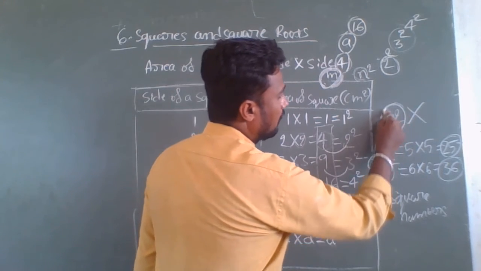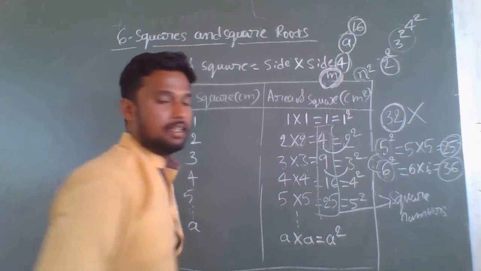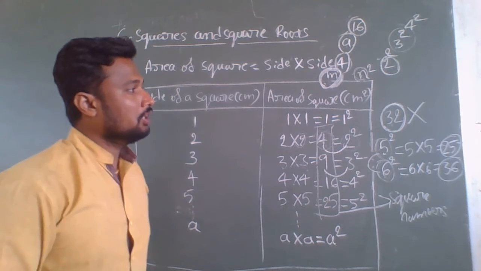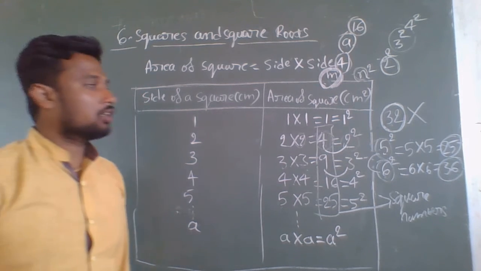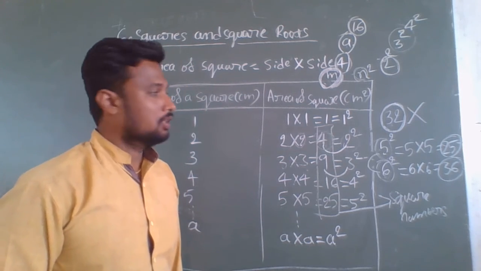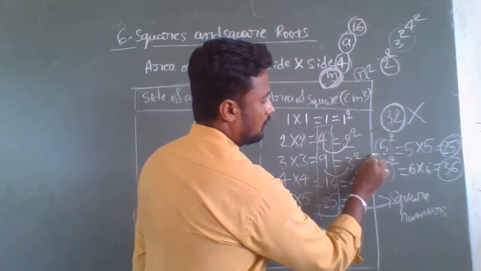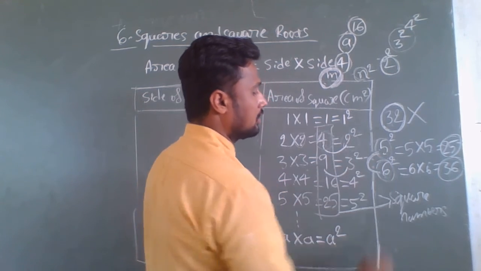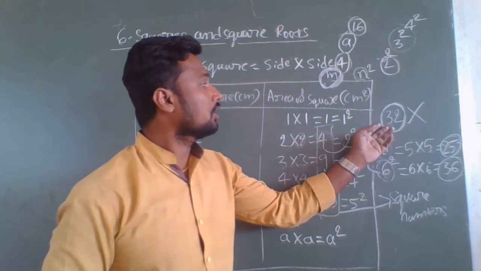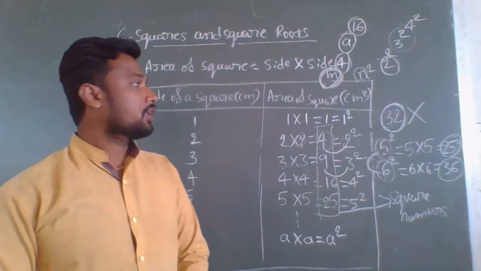Suppose any number m is a square number, then it should be the product of similar natural numbers. Here, between 5 and 6 there is no natural number, therefore 32 is not a square number.